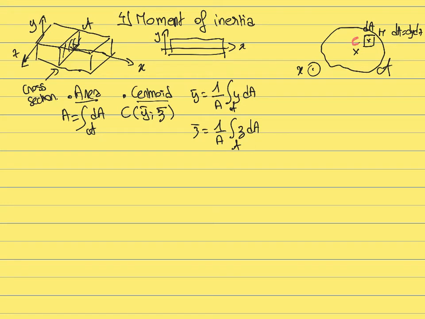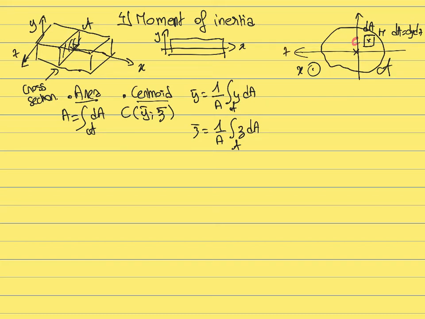And typically, once you have the position of the centroid C, what we want to do is define C as the origin of the coordinate system. So if you define the z-axis and the y-axis, which are the two axes along which this cross-section is contained, we are going to choose C as the origin of those two axes.